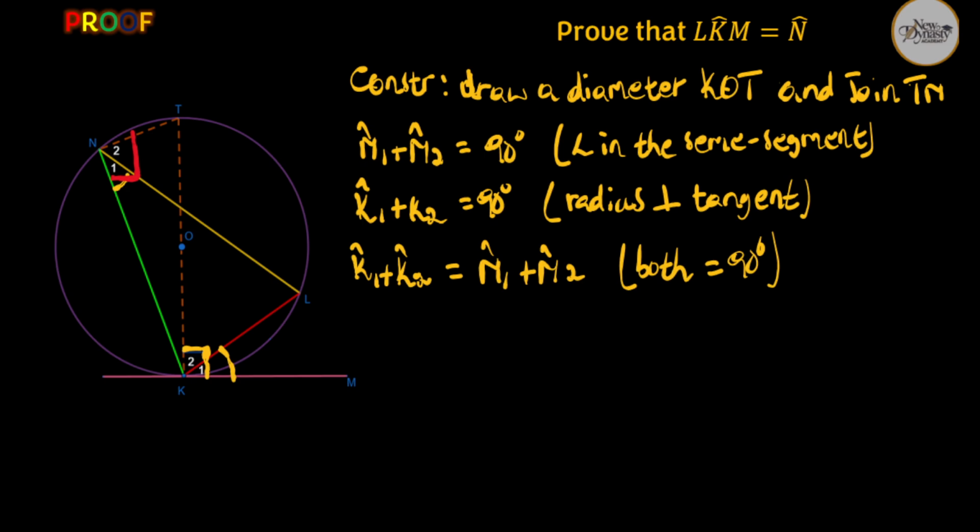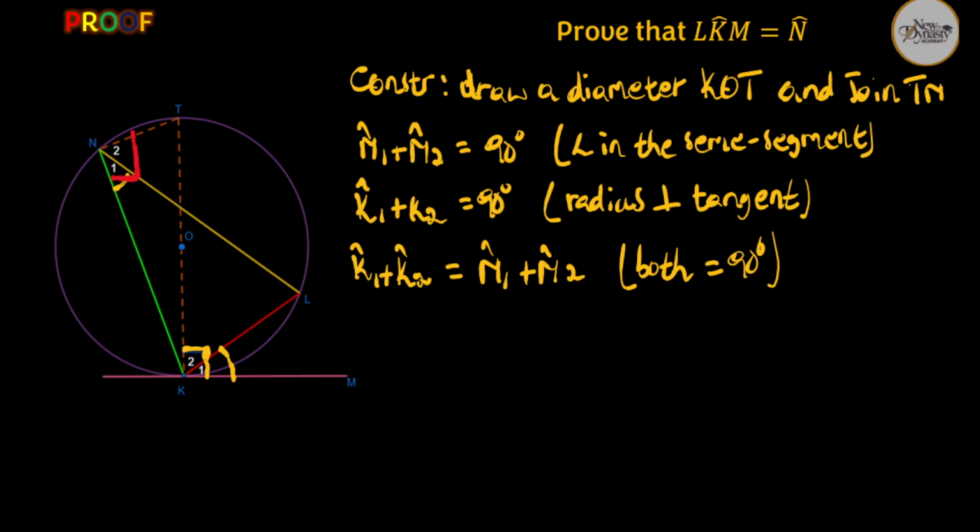And if you do understand that, we notice something after that, that NTKL is a cyclic quad. So it being a cyclic quad, remember what I said about a cyclic quad. If you can prove that angles in the same segment are equal, that is going to make up a cyclic quad.